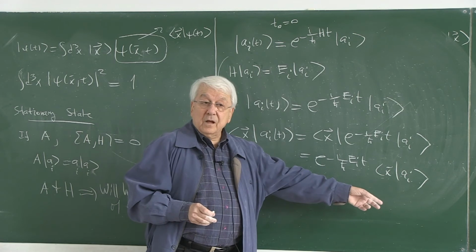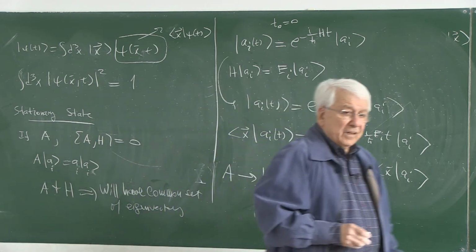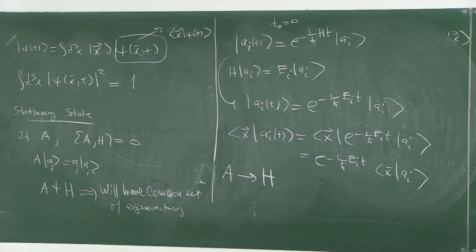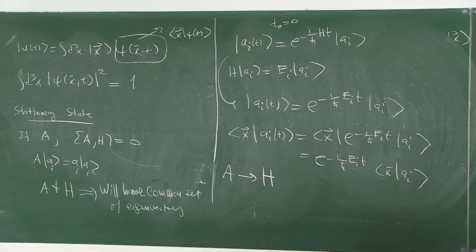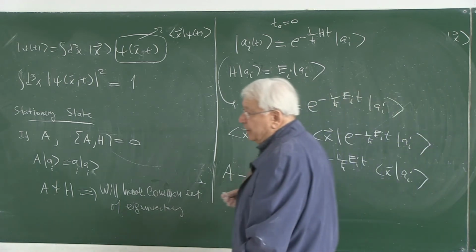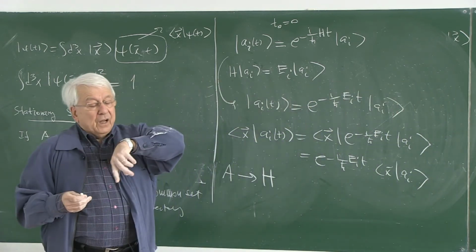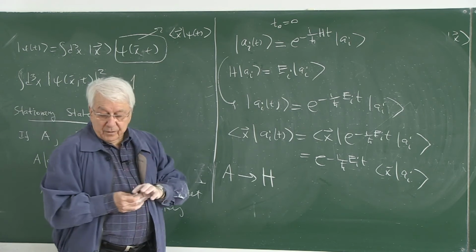Well, these are the states which are called stationary states in general, although they have an explicit time dependence in this fashion. When you compute the expectation values in these states, you get that those expectation values are time independent, as we have demonstrated. That's the reason for the terminology. Stationary state, meaning expectation values are time independent. Good.